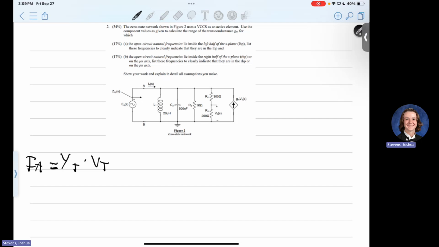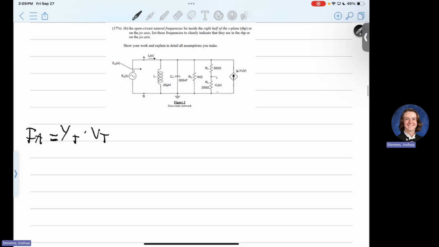Okay, so let me do KCL. IA equals the current going to L1, plus the current going to C2, plus the current going to G3. I'll just put 1 over R3 to make it G3, since I don't want to rewrite stuff on the actual circuit.